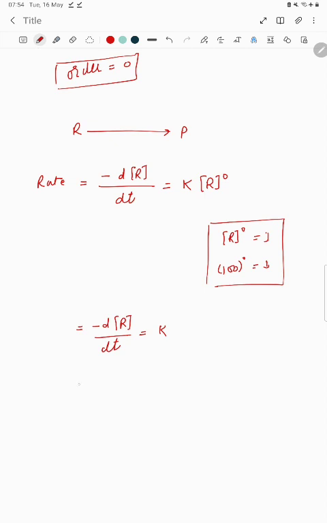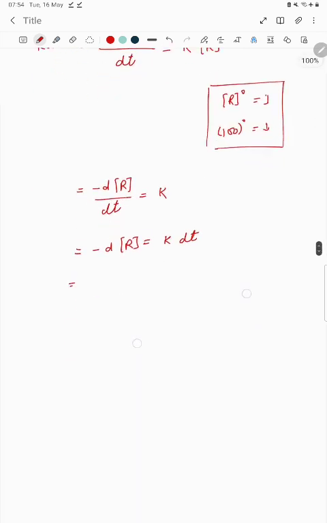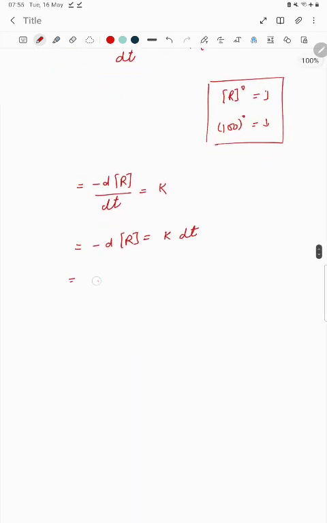Now we are putting the terms in a different way: dR is equal to k dt. Now we can put the negative sign on the right side, so minus k dt.